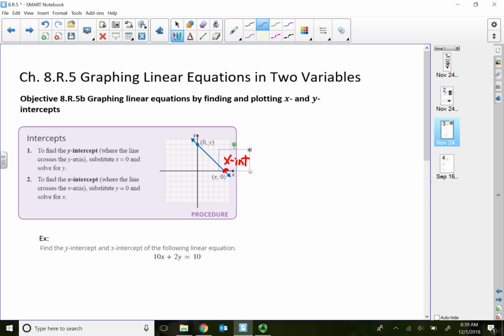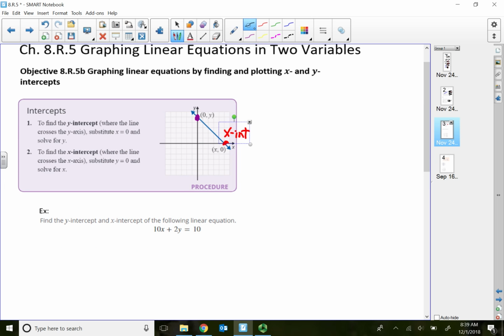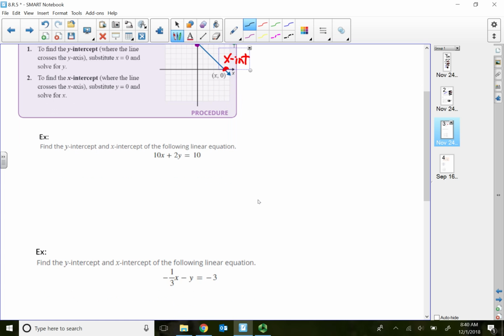So when the line crosses over the y-axis, that point is called the y-intercept. As I mentioned before, on the y-axis all the x values are 0, so our job is to find the y value. So that's what the x and y intercepts are. That's where the line crosses over the x and the y axis.